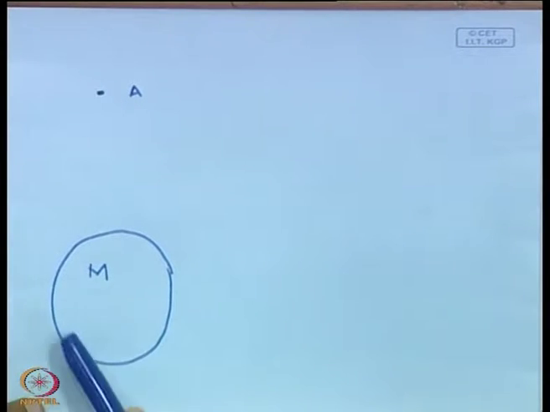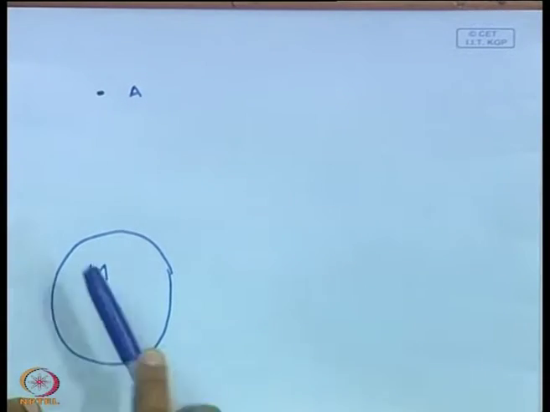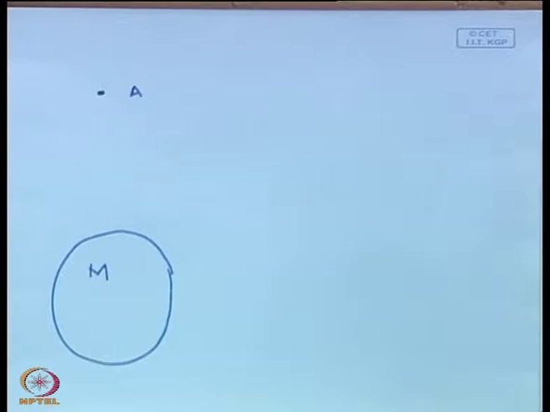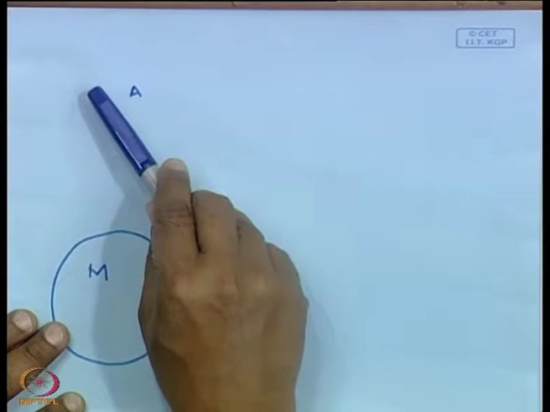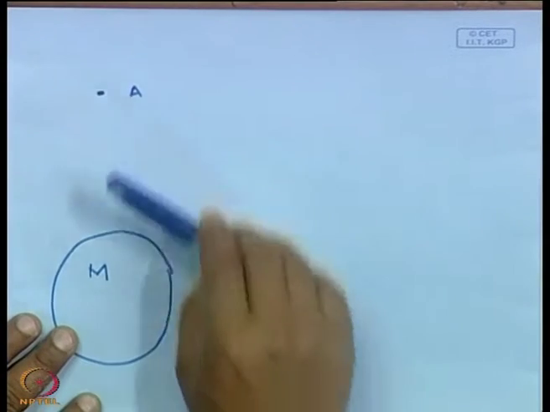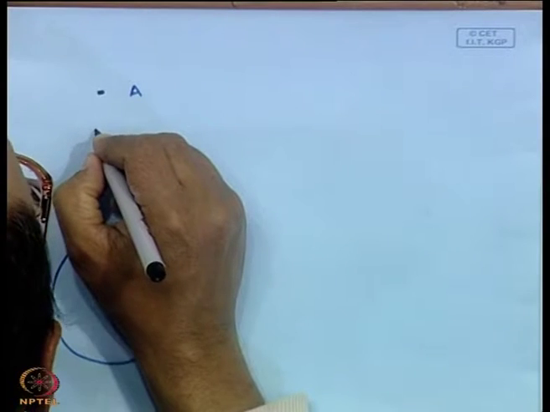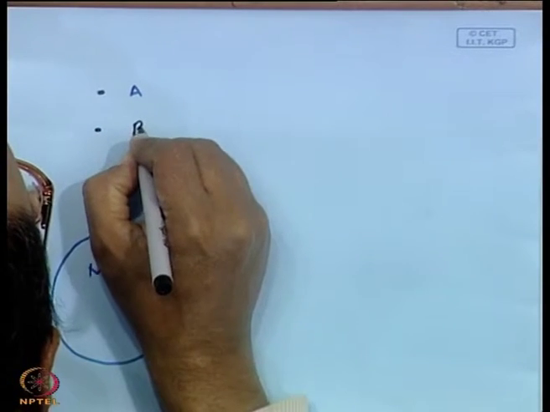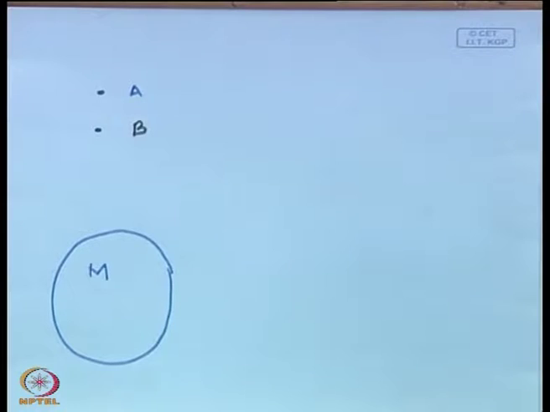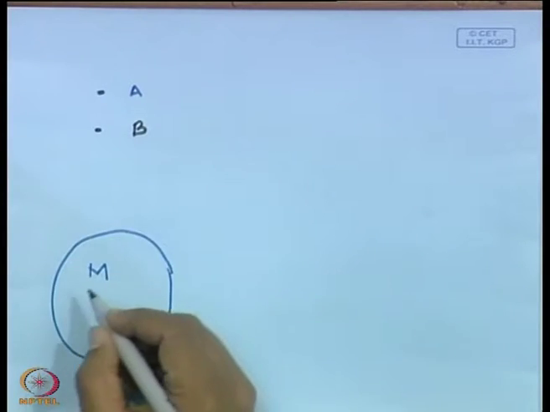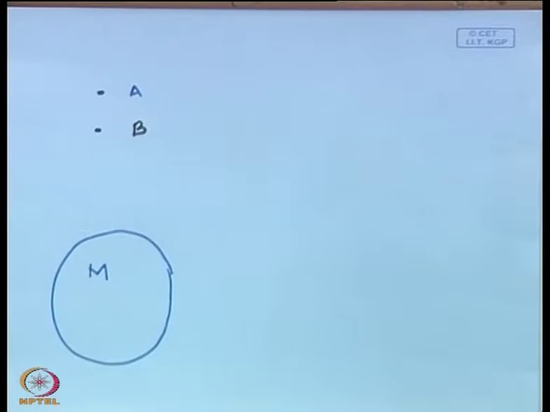Let us consider the situation where there is an observer sitting on this A, and you are observing another object B, which is also falling in the gravitational field of the same massive object.